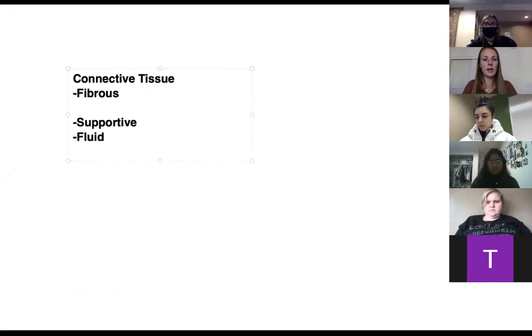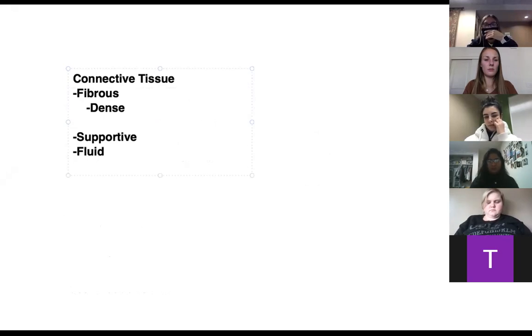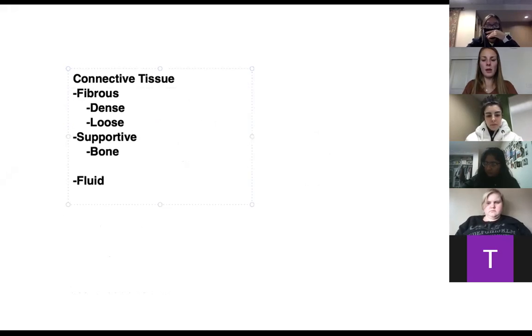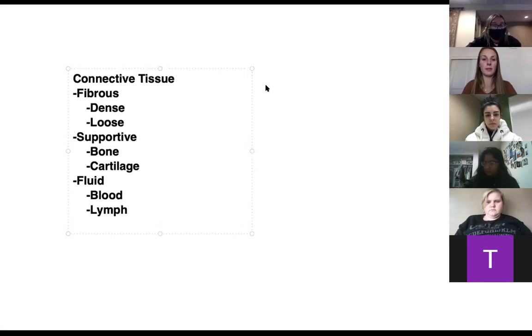Of those different types, you had dense and loose. For supportive, we had bone and cartilage. For fluid, we had blood and lymph. Okay, that's a little bit about connective tissue.